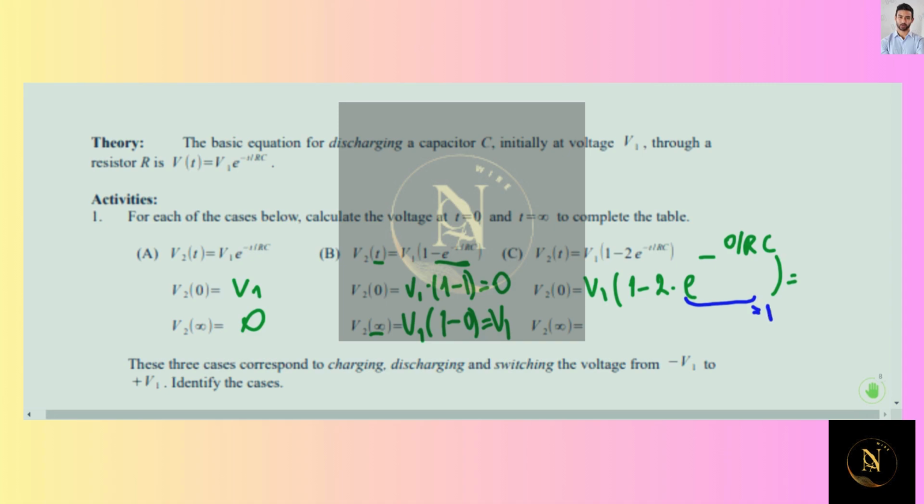Therefore, V2 equals negative V1. And when time approaches infinity, the equation becomes V1 multiplied by 1 minus 2 multiplied by exponent powered by negative infinity. So this is almost 0. Therefore, it equals V1.